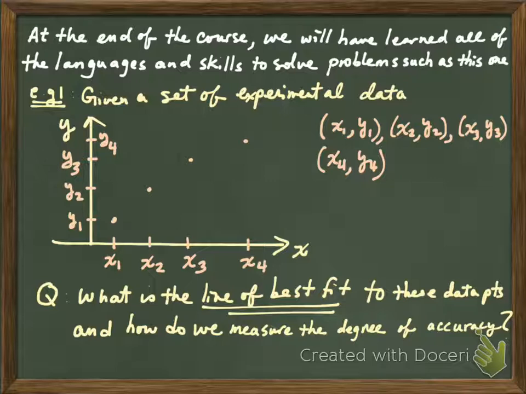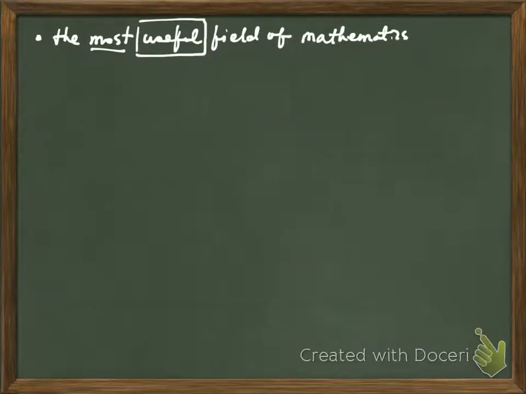Next, let's talk about why everyone needs to have some background knowledge of linear algebra. First of all, linear algebra has become the single most useful body of mathematics, lending its structure to nearly all scientific and most non-scientific fields.